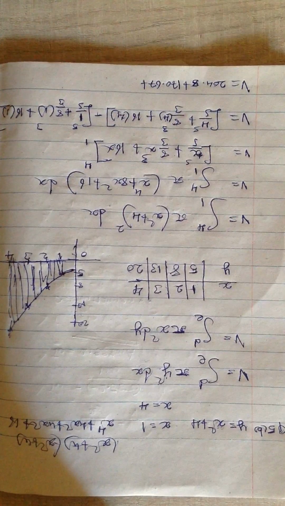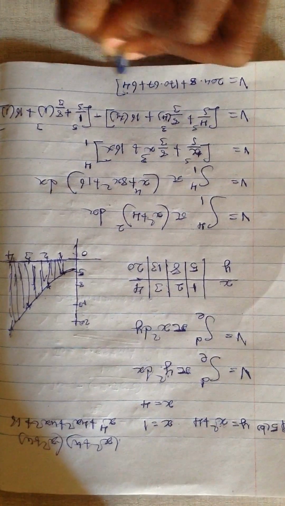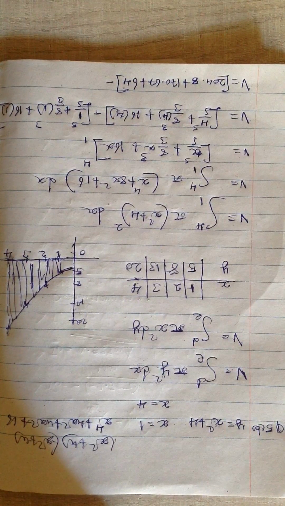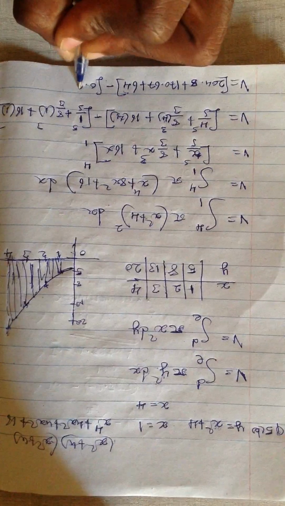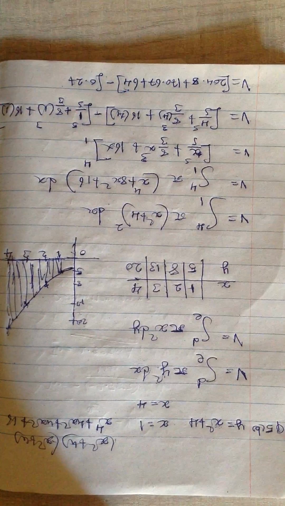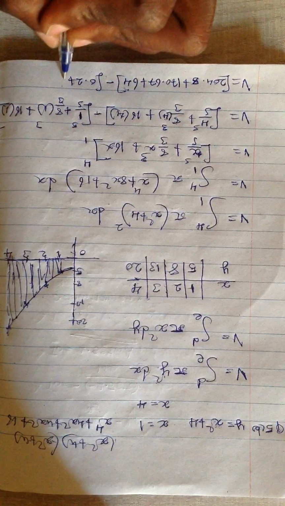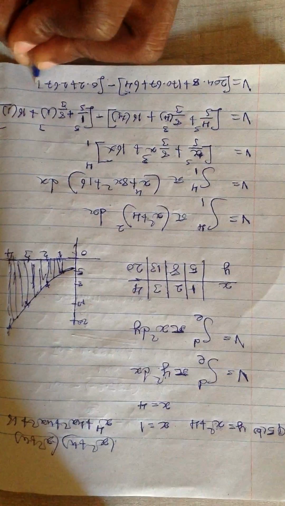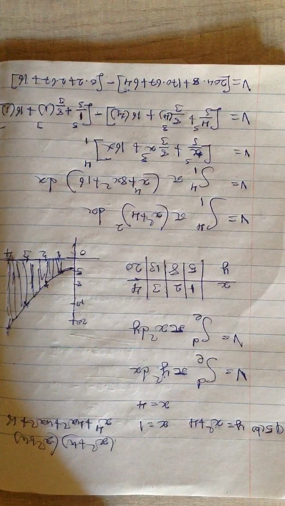Plus, what is 16 by 4? That's 64. Minus, what is 1 raised to power 5? That's 1. When you divide it by 5, you get 0.2. Plus, what is 8 divided by 3? You get 2.67. Plus, what is 16 by 1? That's 16. Okay, so you have these figures.